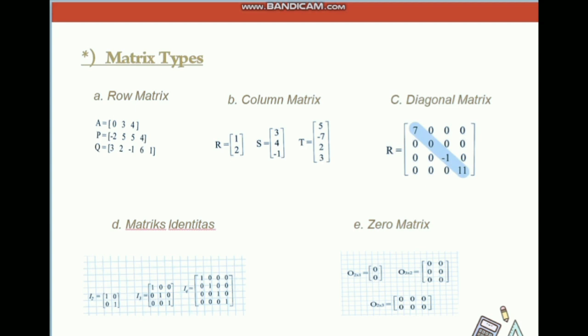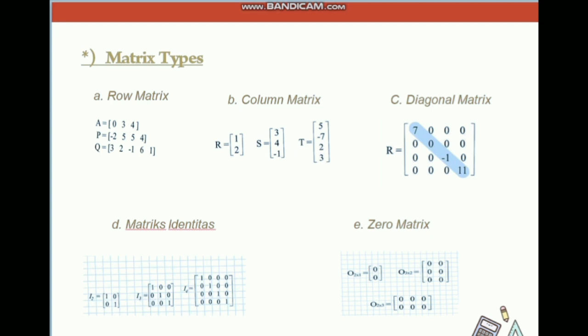Types of matrix. In addition to having a size order, the matrix is also divided into several forms that have special properties. Well, some special types of matrix that you should know include the following.